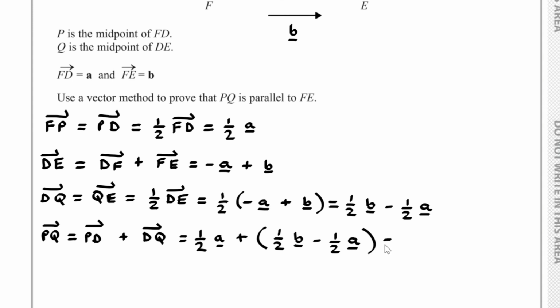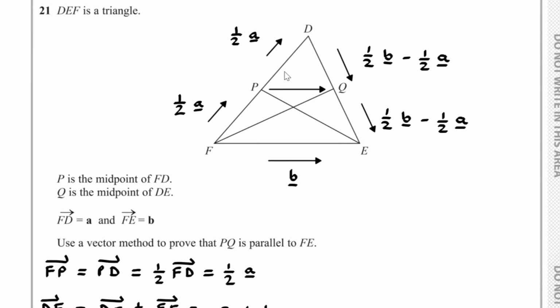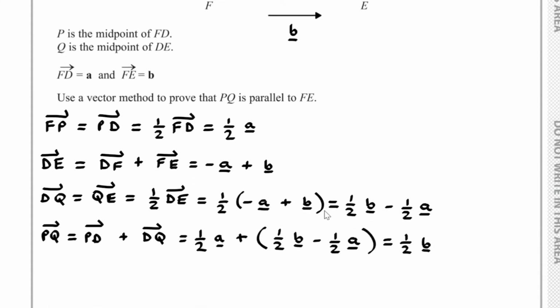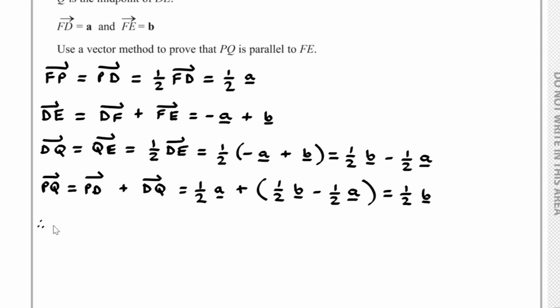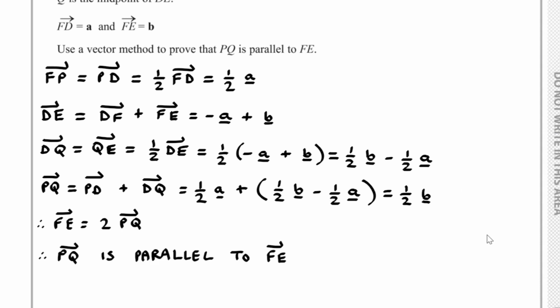And then we also have the 1/2 B. And if I add this to my diagram, I've got a 1/2 B. You can see those are multiples of each other. So we can conclude that the vector FE is equal to twice the vector PQ, from which we can conclude PQ is parallel to FE.